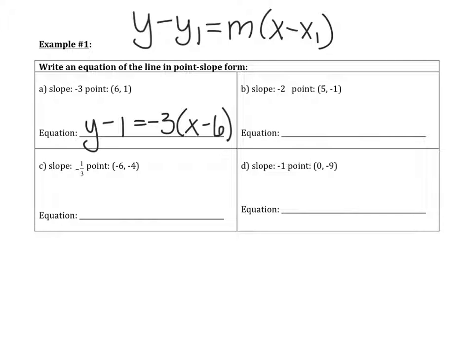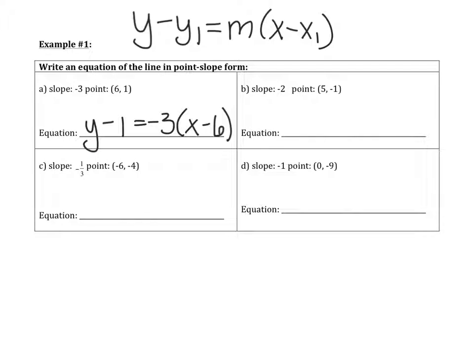And believe it or not, this is your answer. You do not need to do anything to this equation. This is the equation of a line with a slope of -3 through the point 6,1 that is in point slope form. So this is your answer. You don't have to do anything to it.